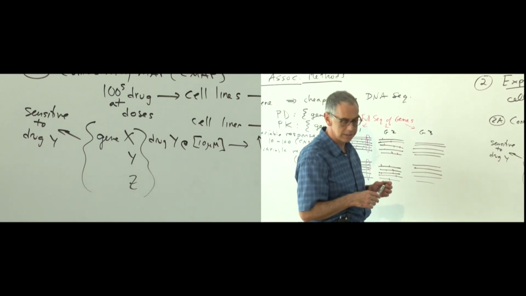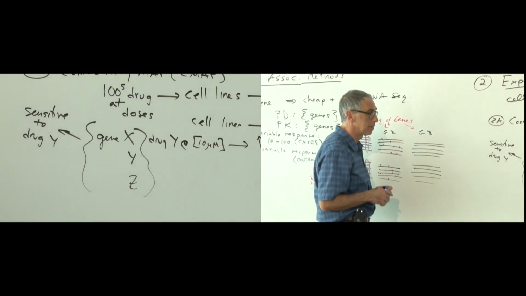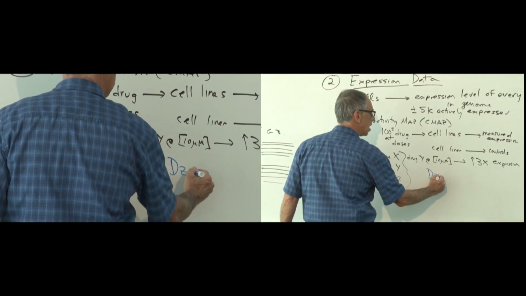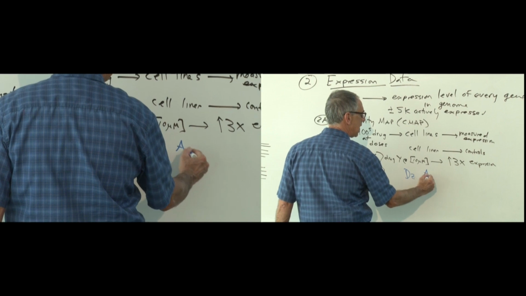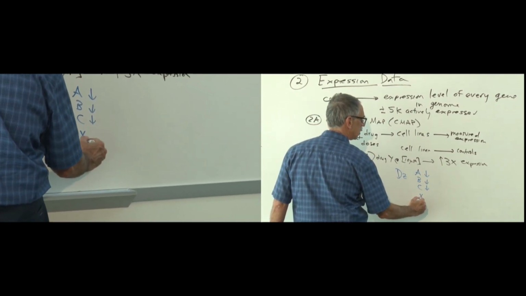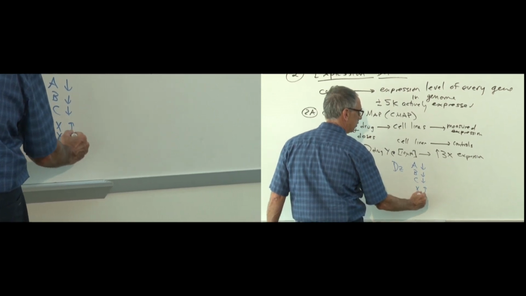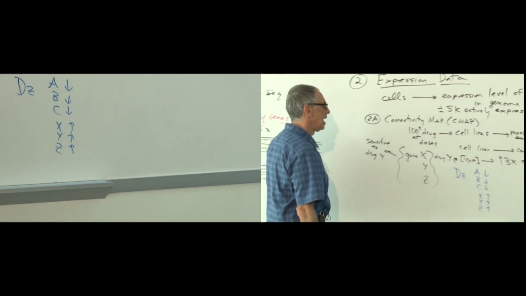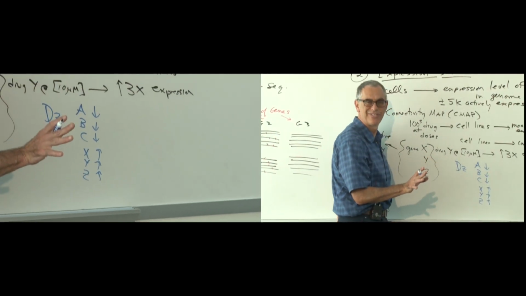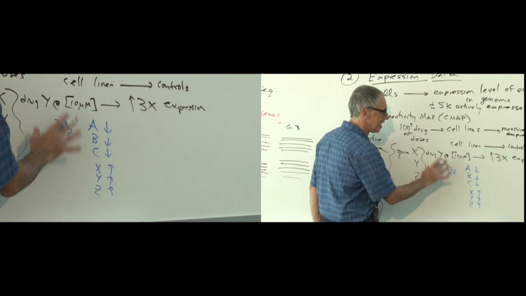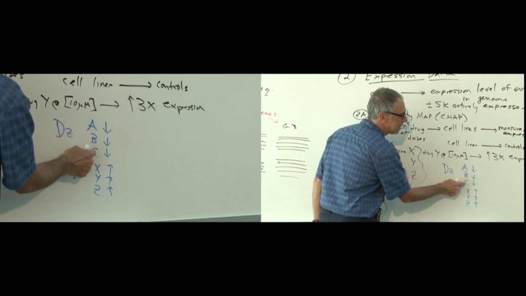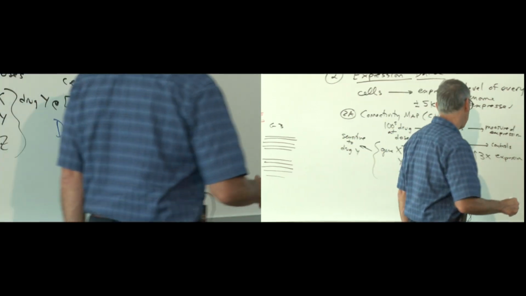One way people use this, in an incredibly simplistic but fascinating way, is they say, well, look, I have a disease that has gene A, B, and C down, and X, Y, and Z up. That's the disease. It's a very simplified representation of the disease. It's a cancer cell, for example, and A, B, and C are down, X, Y, Z are up.